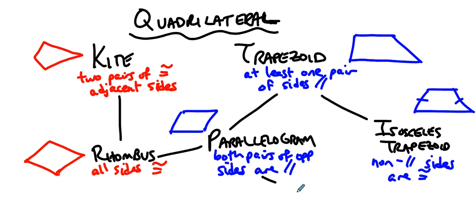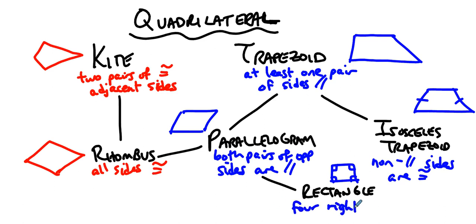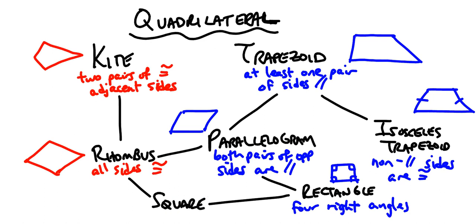Or you could get special in a different way. You could be a rectangle. And a rectangle is a shape with 4 right angles. And it turns out that a rectangle is a parallelogram. It just happens to have 4 right angles. Well, then we all know that if you bring rhombus and rectangle together, you get square.